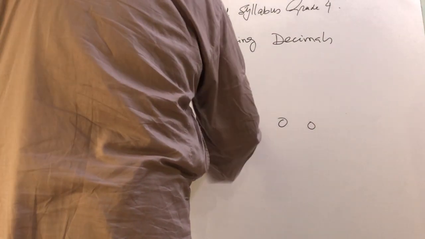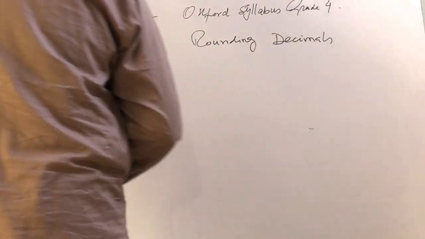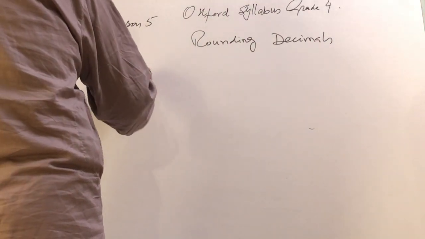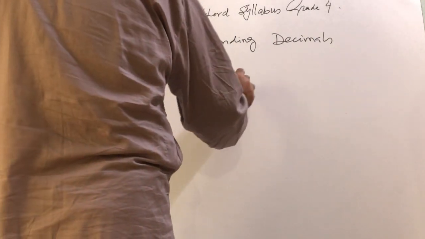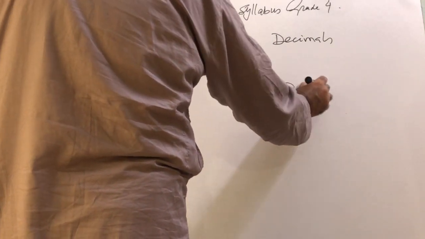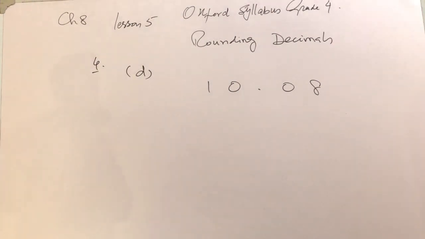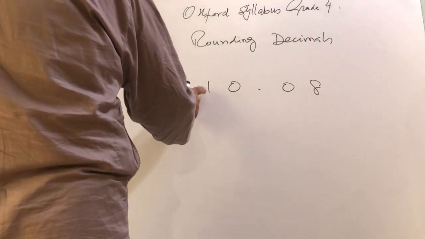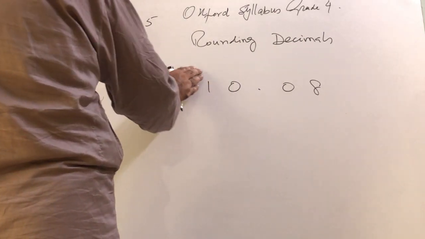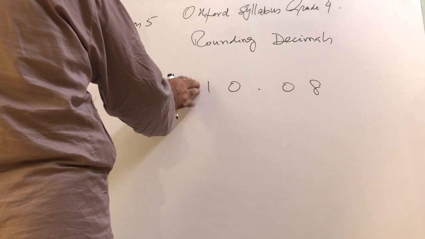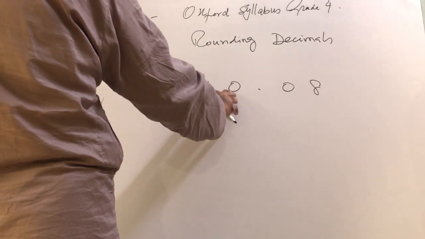Now we will be doing part D. We are doing all the parts so that you get to know the concept of how to round off a decimal. Here we need to see whether it is 10 or 11. This is the 10s place, this is the 1s place. This will remain the same, because we don't know whether it is 10 or 11.